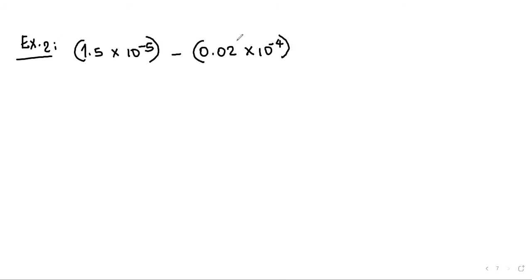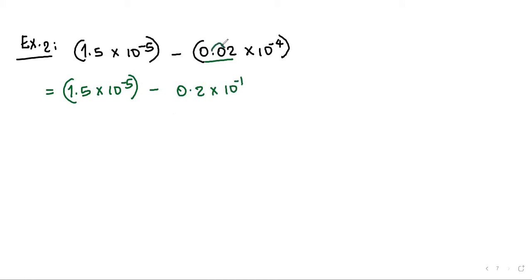Okay, so now we can say that we have got 1.5 times 10 to the power of negative 5 minus, let's write this 0.02 as 0.2 times 10 to the power of negative 1.